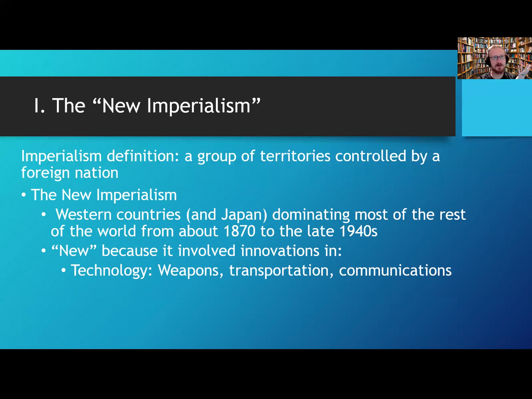When you take a machine gun against a tribe of Zulus with spears, it's not even close. Then there's advanced transportation, steamships and railroads and all that, so you can facilitate building an empire and reinforce parts of your empire with troops and supplies very quickly.